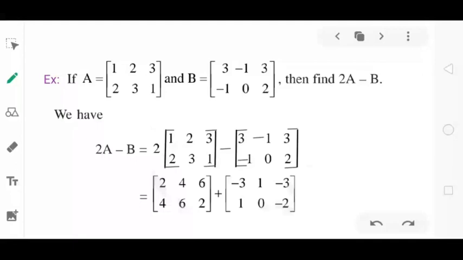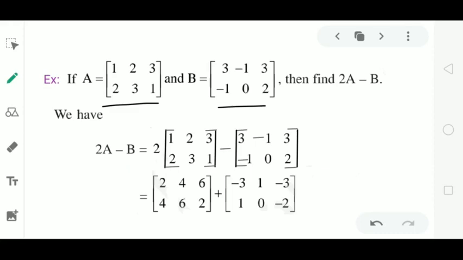Before going to that operation, we will solve some examples based on addition, subtraction and multiplication of a matrix by a scalar. First example: A and B are two matrices of the same order 2 by 3.